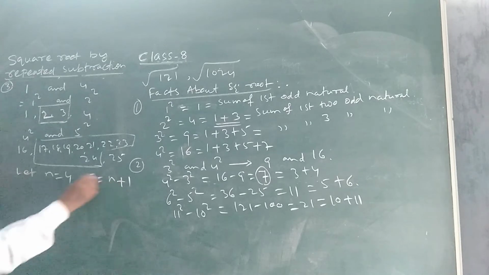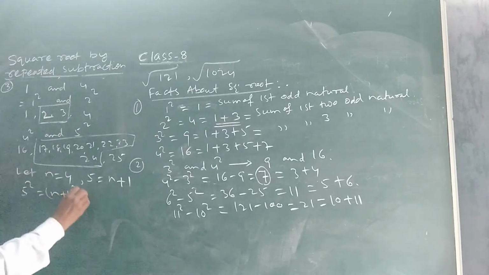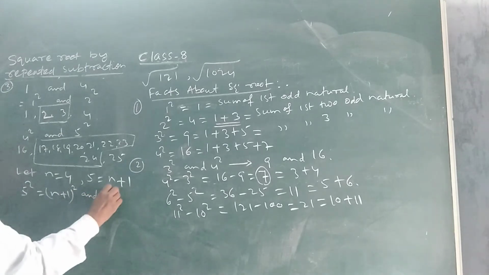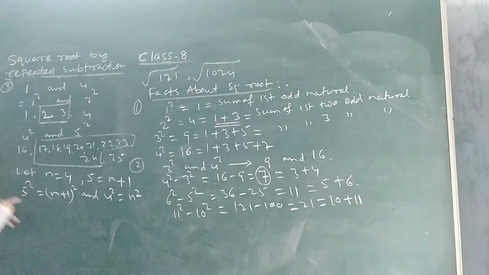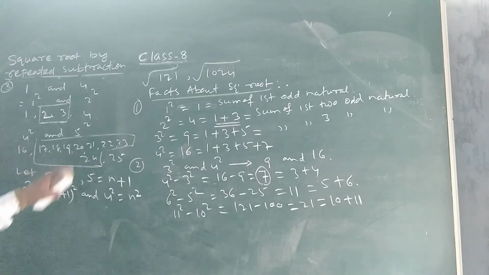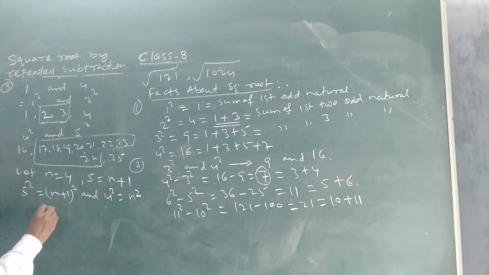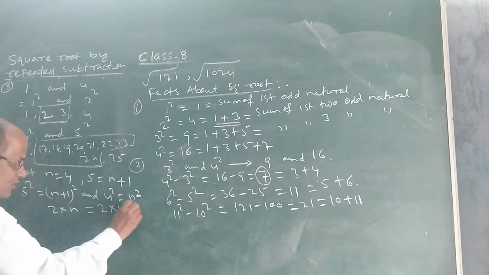So 5 square equals n plus 1 whole square and 4 square equals n square. Now between 5 square and 4 square, how many non-square numbers are there? There are 8. So again you see, 2 into 4, that is 2 into n. 2 into 4 is 8.